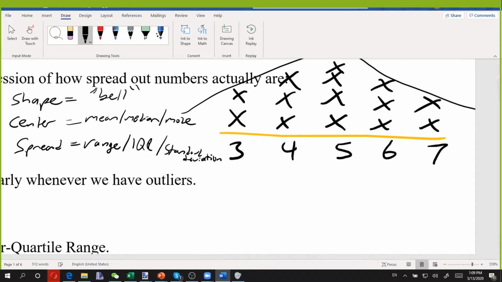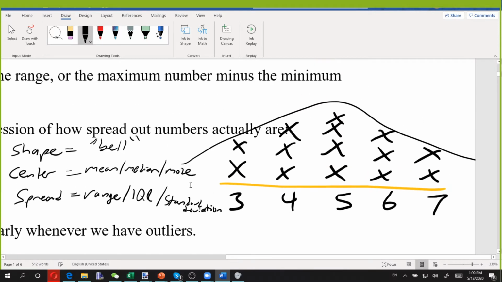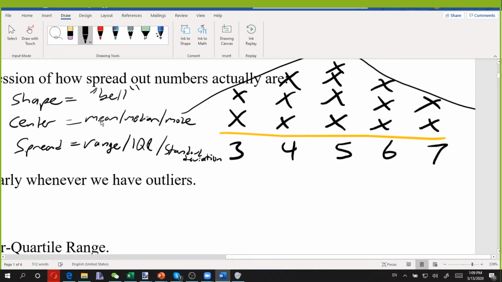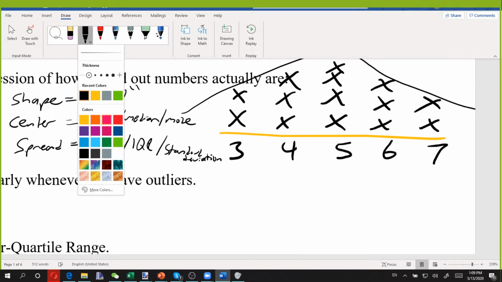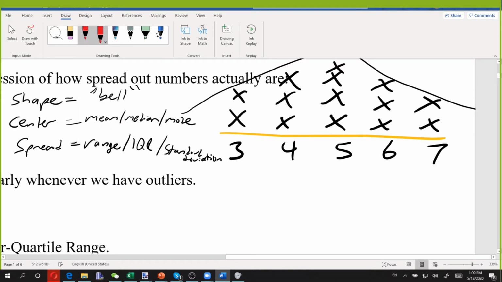Starting with Aileen. Aileen, what does mean mean? What is the mean? Mean is an average, if that helps. So how can you get the average?